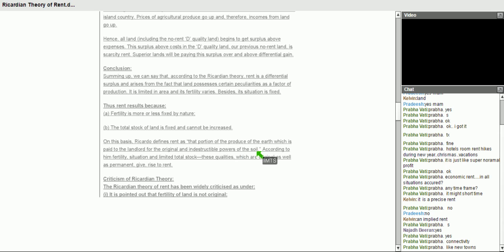It is fetching high rents. So rent is because of the original and indestructible power of the soil. So this was the concept of the Ricardian theory of rent.